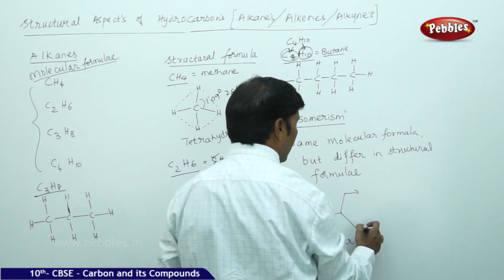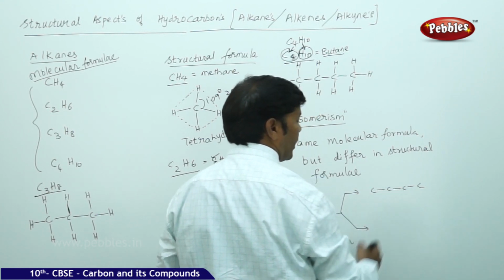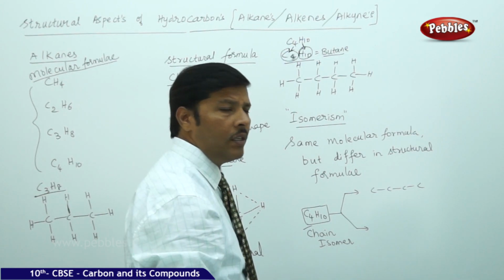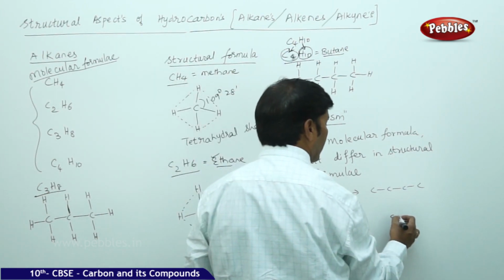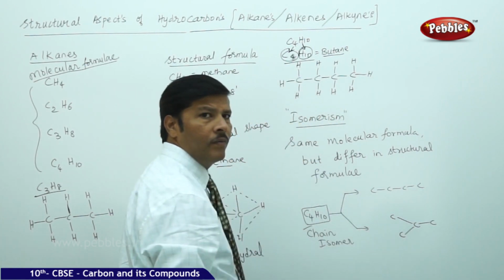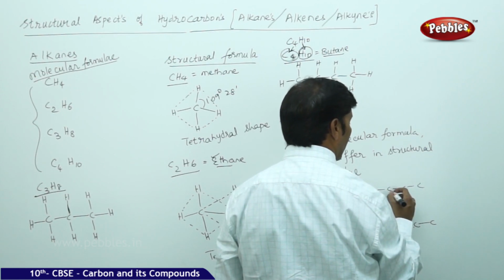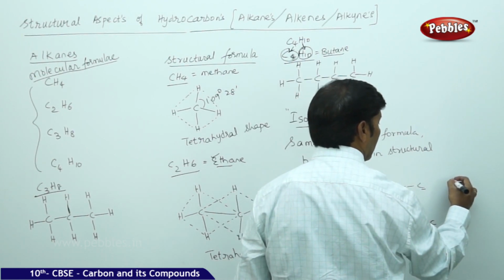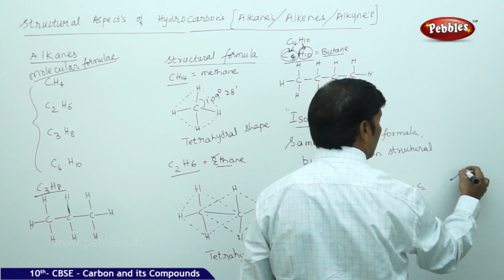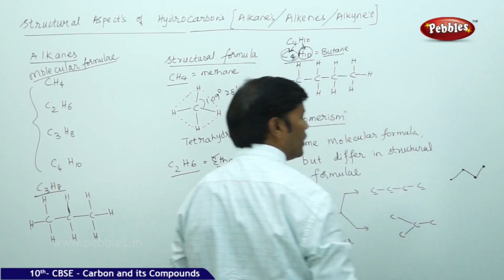So C4H10 can be written in two different formats, 1, 2, 3, 4. This is the straight chain. If it is a branched chain, it can give one branch like this. If you want to show this in bond line representation, there are 4 carbons, 1, 2, 3 and 4. This is also a straight chain only.